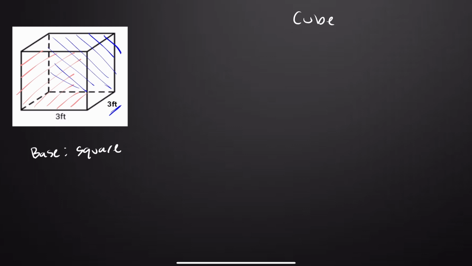Okay, so not to confuse you all, it's a cube, so all the sides should have the same dimension. So this is 3 feet, that's 3 feet, that's 3 feet, that's 3 feet, and I think you get the picture here. It's a cube. Okay, so starting off with our lateral area, it's the perimeter multiplied by the height, and our base of the figure is a square. So 3, 3, 3, 3.